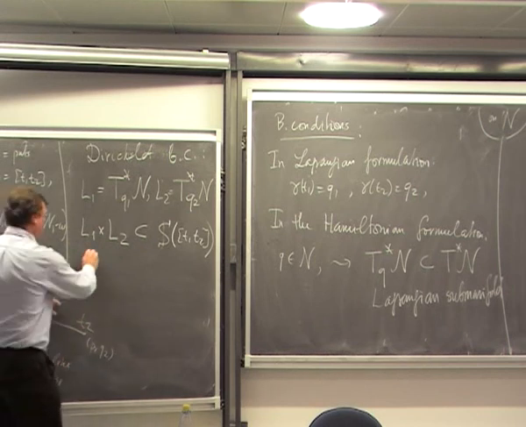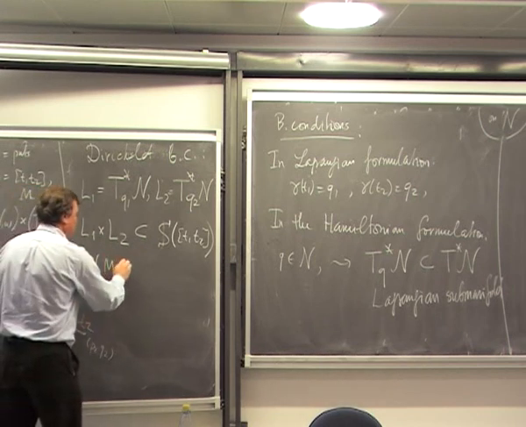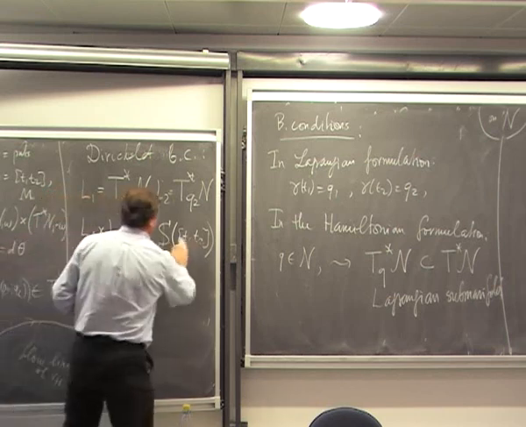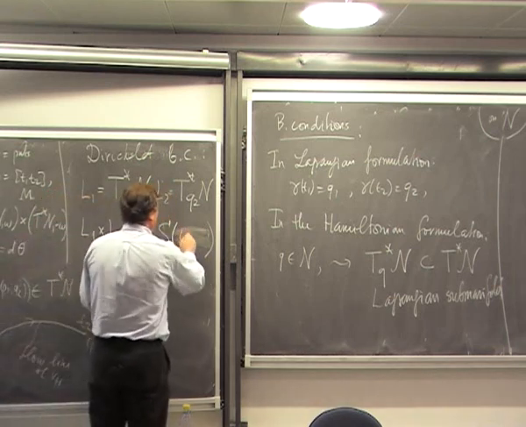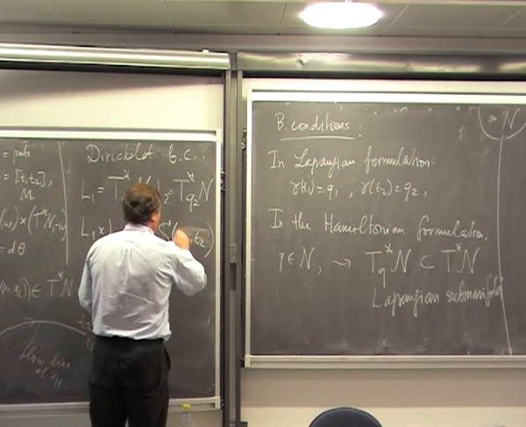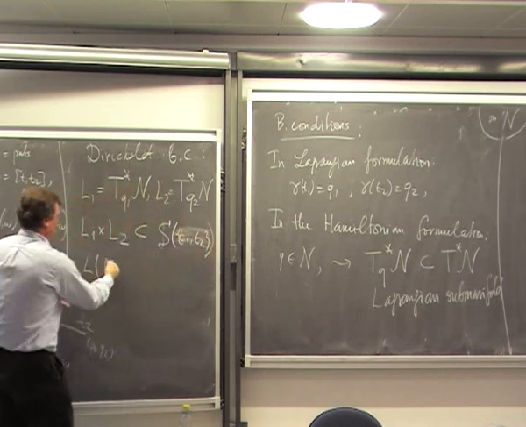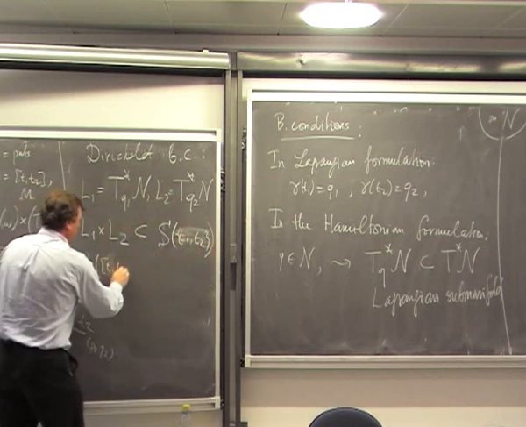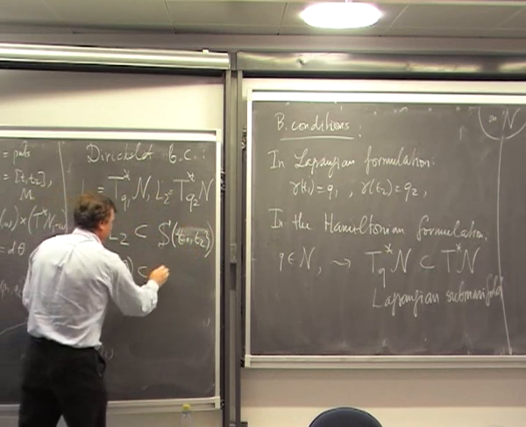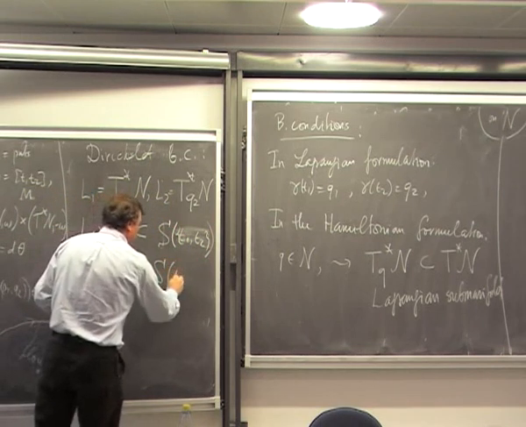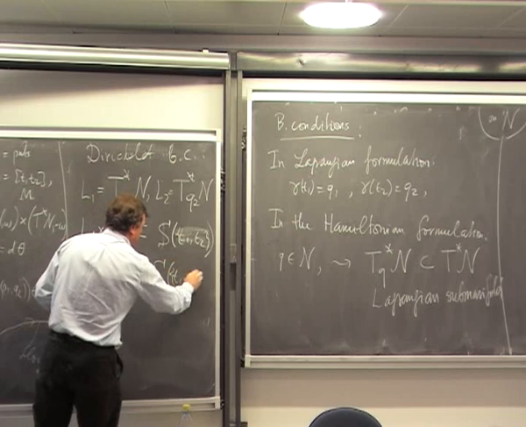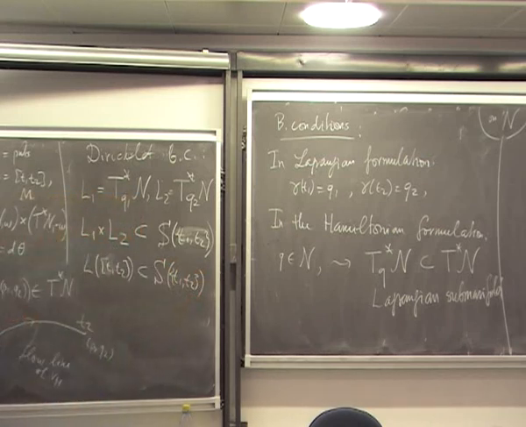But we also have another Lagrangian subspace. That's the S T1, T2 collection of two points. But then we also have this submanifold, which describes the dynamics of the system.